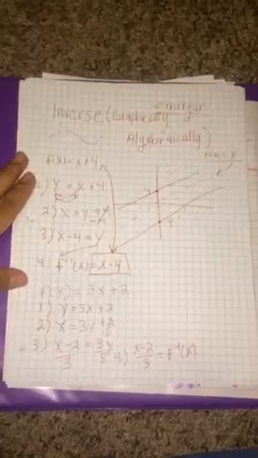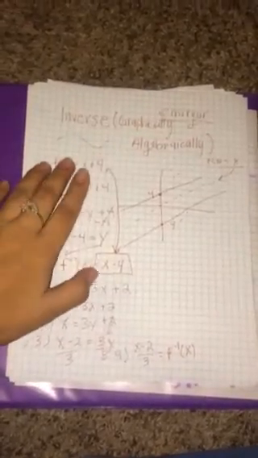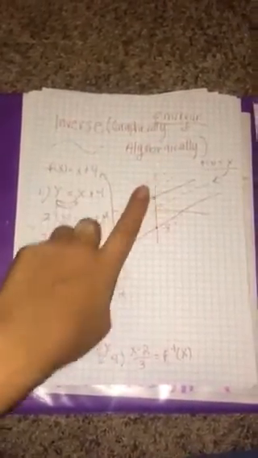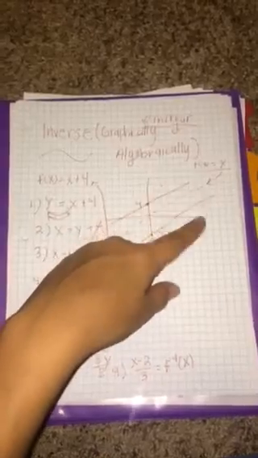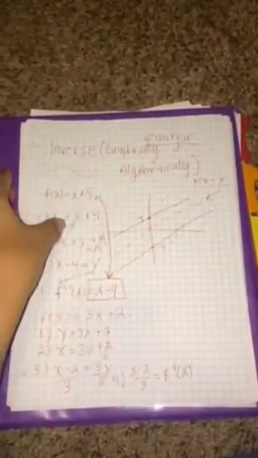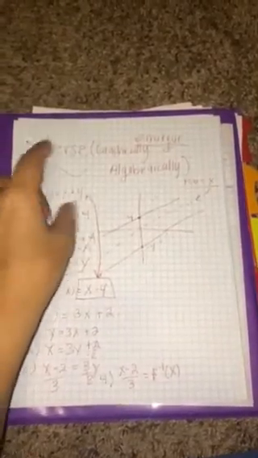Remember, in order to do it graphically, you graph your original function and you graph your new inverse function, and you put x inside the calculator, and if it mirrors on both sides, then you have yourself an inverse function. And this is how you find the inverse function graphically and algebraically.